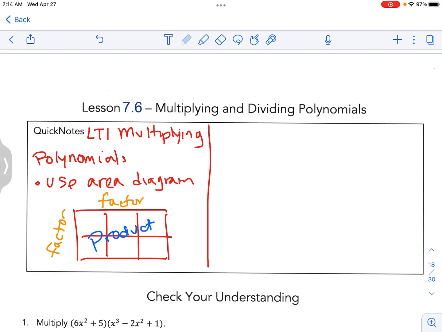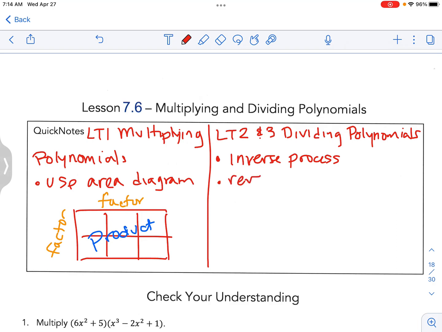And when we talk about the reverse or the inverse process, they call this learning targets 2 and 3. I'm not quite sure why, but they do. When we look at dividing polynomials, we talk about reversing. This is an inverse process.